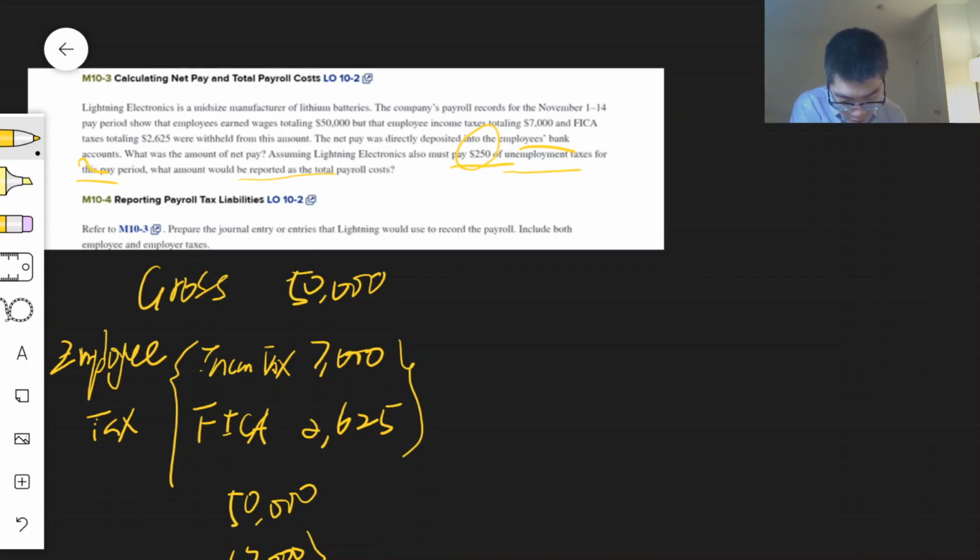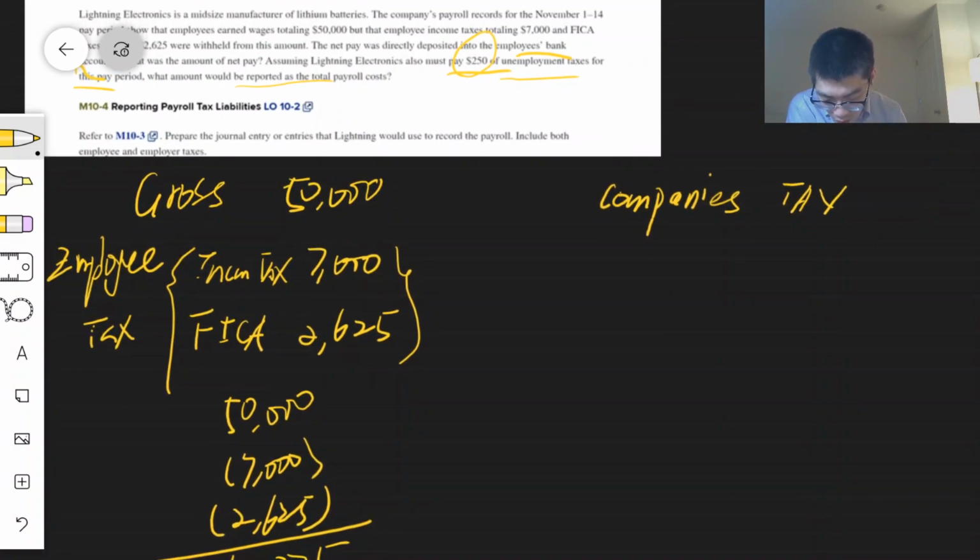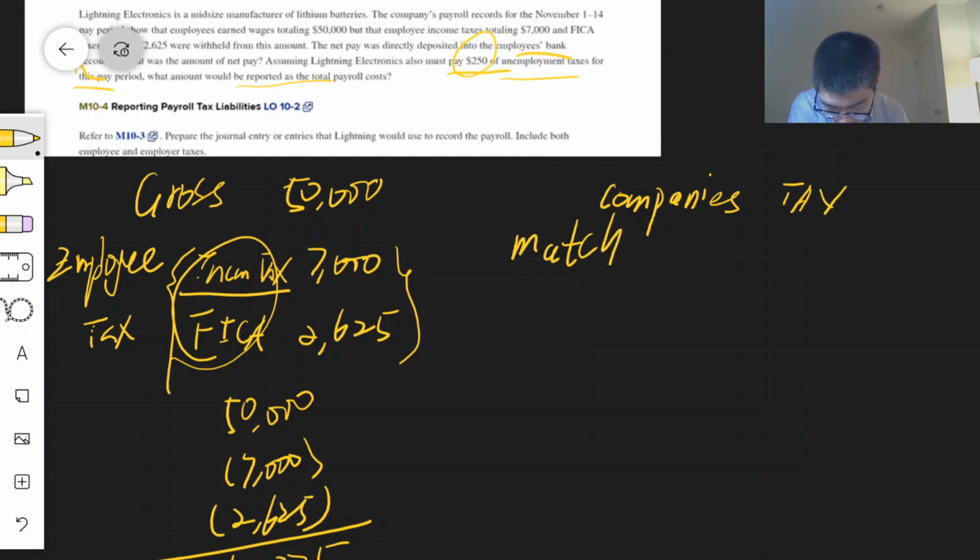$250,000 unemployment taxes. Okay, so remember, this is the company tax. Not only does the employee have to pay these taxes, but the company also has to match with the FICA tax, not the income tax.